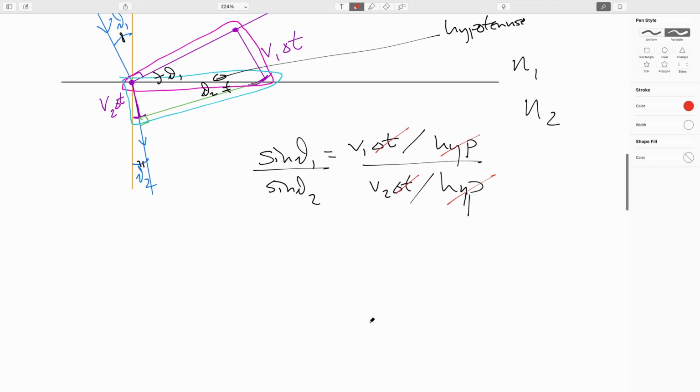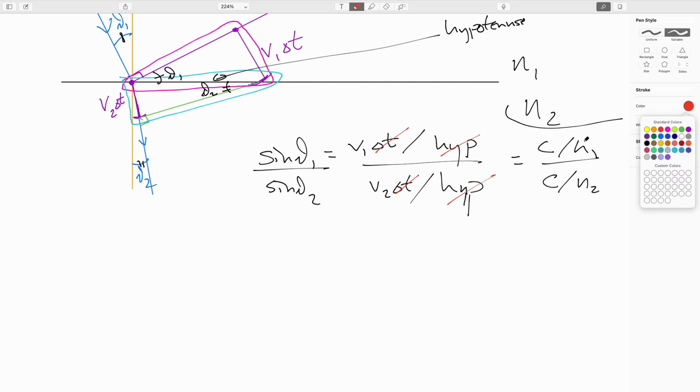Now, by the definition of index of refraction, v1 is going to be the speed of light in a vacuum over n1, and v2 is going to be the speed of light in a vacuum over n2. So again, more canceling.